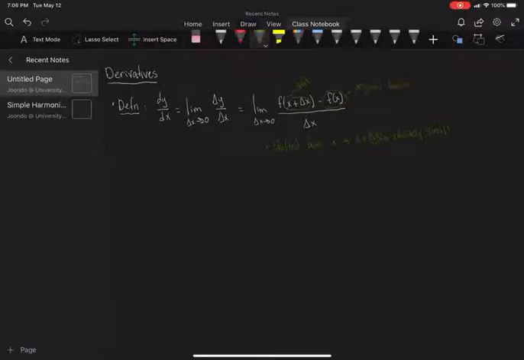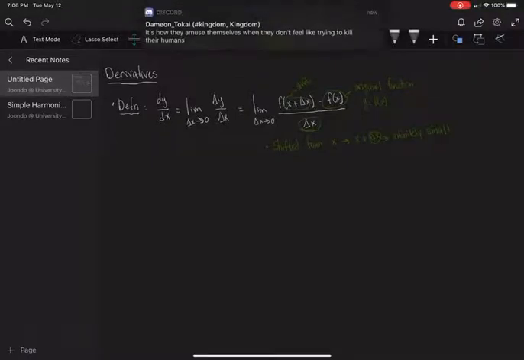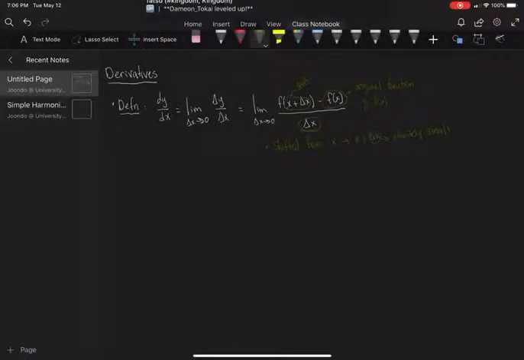And we call this y equals f of x, over the shift of delta x, so over the change of delta x. In calculus, we call this the quotient difference.